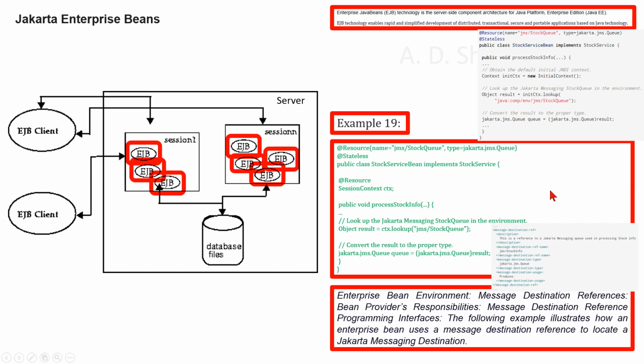In the example, the bean provider of the StockService enterprise bean has assigned an environment entry jms/StockQueue as the message destination reference name to refer to the Jakarta Messaging queue.